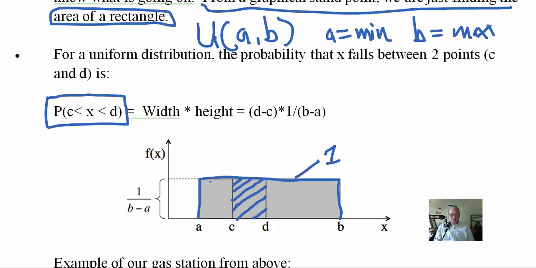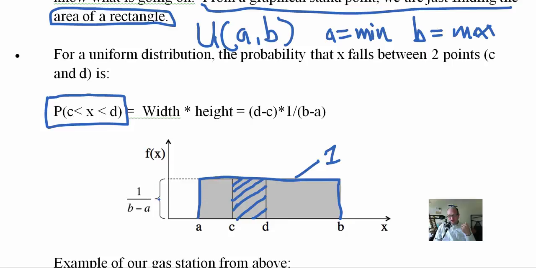The probability of something happening between A and B is 1, or 100%. There is no chance of something happening smaller than A, and no chance of something happening bigger than B.